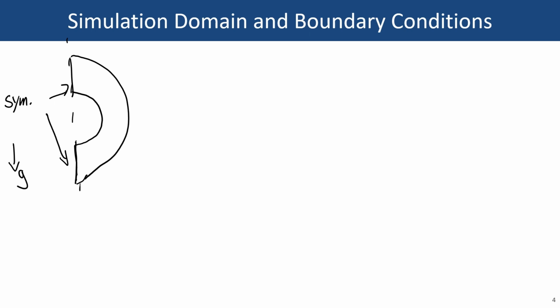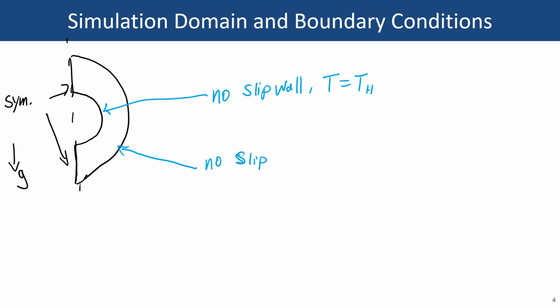Then we've got the inner wall, which is a no-slip wall at temperature T equal to T_H, which is uniform. And the outer wall is also a no-slip wall, at our cold temperature.